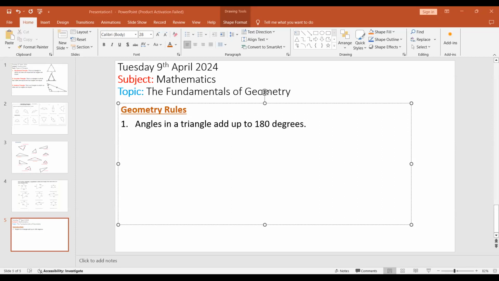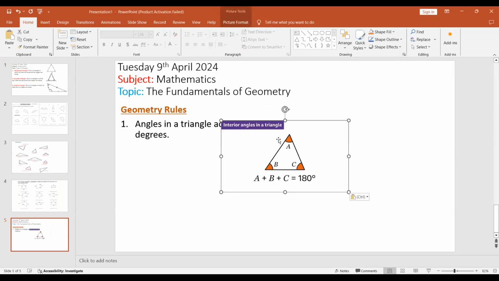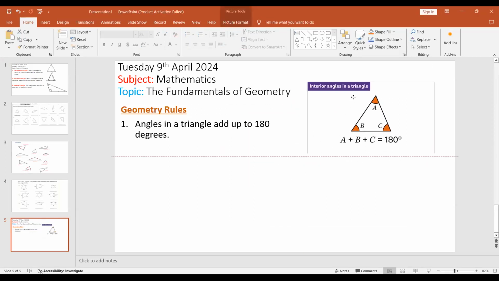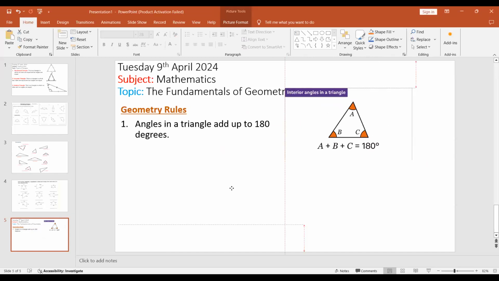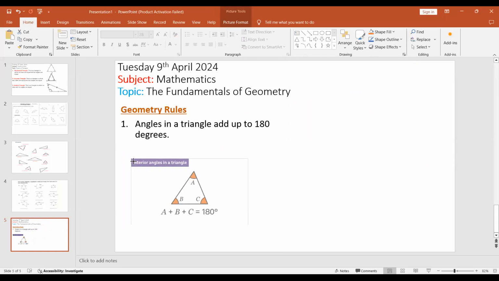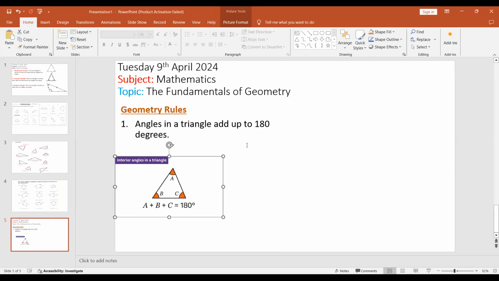We call these angles the interior angles of a triangle. Whenever you have the interior angles of a triangle, those angles are going to add up to 180 degrees. So make sure to draw this picture. The picture says it all. That's the first rule: angles in a triangle add up to 180 degrees.